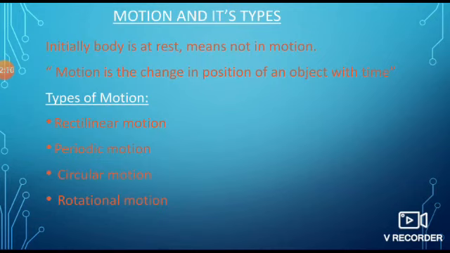Motion and its types. Motion is the phenomenon in which an object changes its position over time.